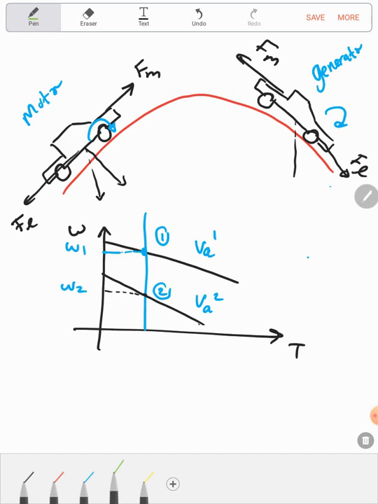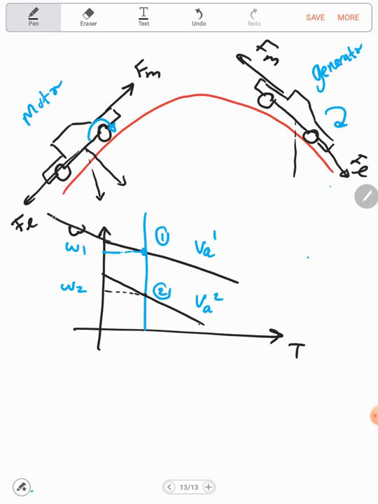So roughly, the current is changing rapidly, and the speed still is constant. So those actually are straight lines. Those are parallel lines, by the way.